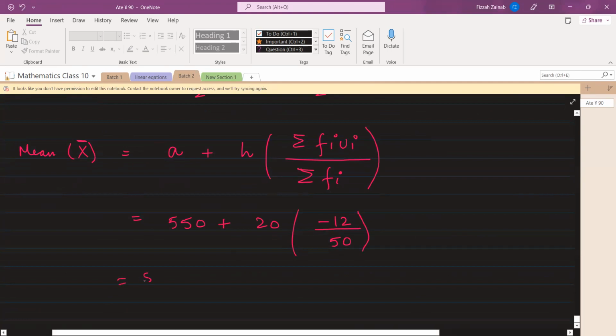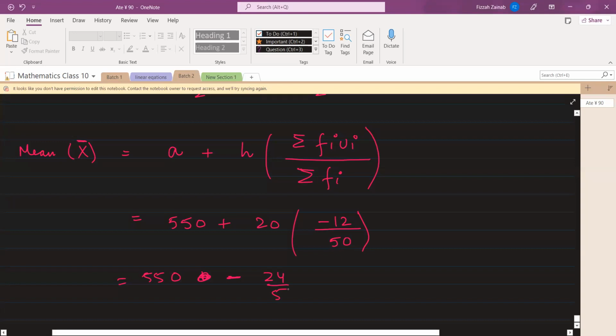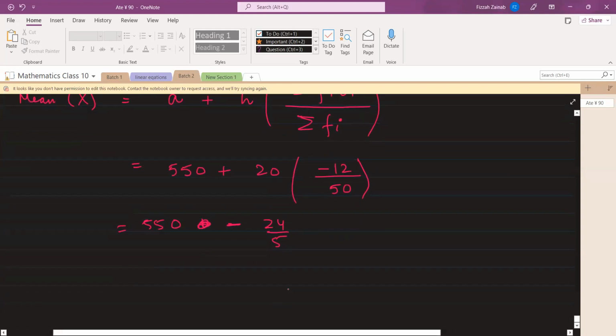Now solve it. So 550 plus, so 0, 0 cancel out. 2 into 12 is minus, plus becomes minus. This becomes 24 divided by 5, right? That you can take LCM now. So 5 multiplied by 5. 5 into 0, 5 into 5 is 25, carry 2, 5 into 5, 25.